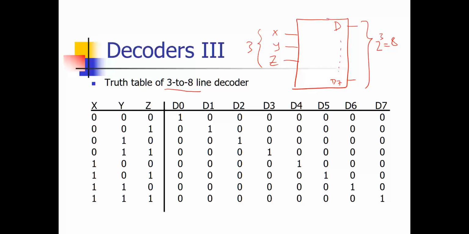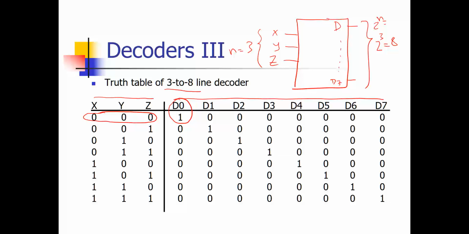And now we can again examine. Notice that here n equals 3, and 2 to the n equals 2 to the 3 equals 8. These are the inputs, and these are my outputs. Okay, so how does this work? We look at the binary value of x, y, z. A binary value of 0, then we activate D0.